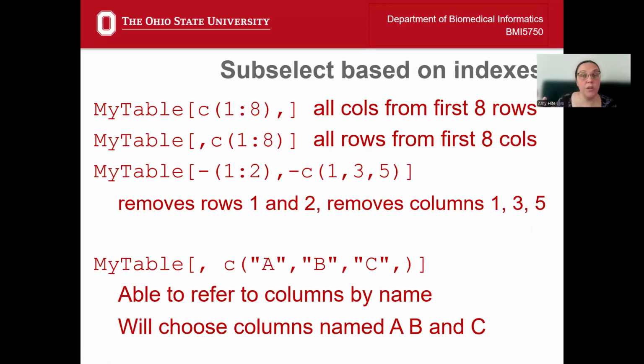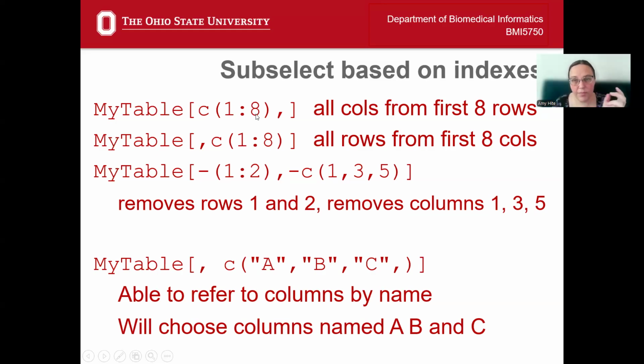Sometimes you just want all of the rows from some of your columns. Let's see. The first example is all columns from the first 8 rows. So in the row part, the part before the comma, we tell it keep rows 1 through 8.